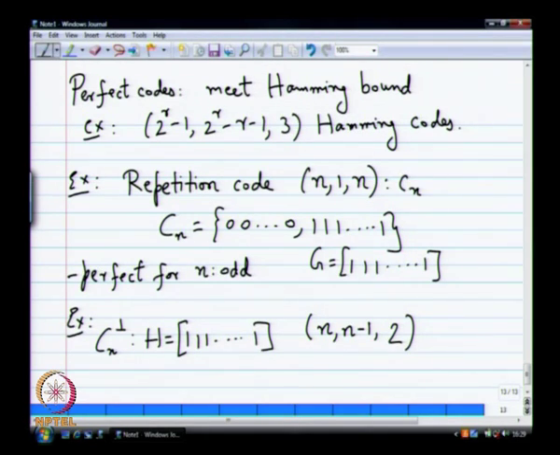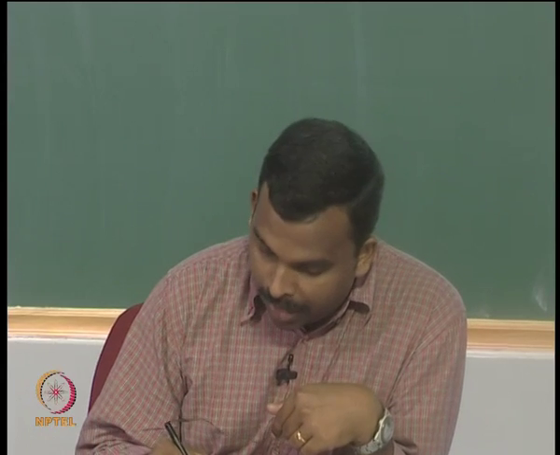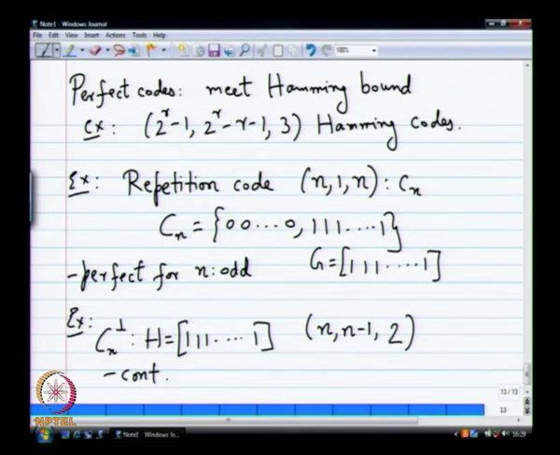Cn perp contains all even weight vectors in F2^n. First of all, it has to contain only even weight vectors, right?